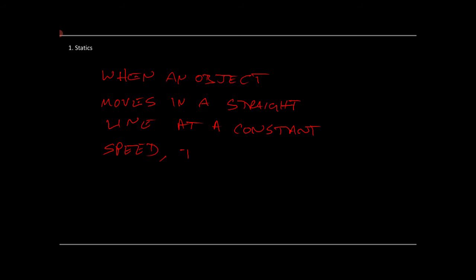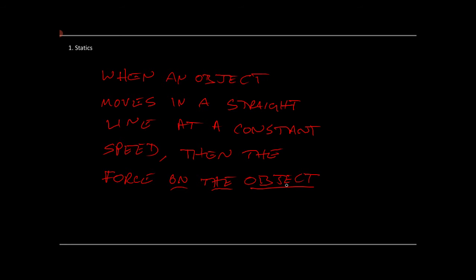Then the forces balance on the object. And we have to remember that these are all forces coming into the object. What does that mean? Well, this is a little bit more complicated.